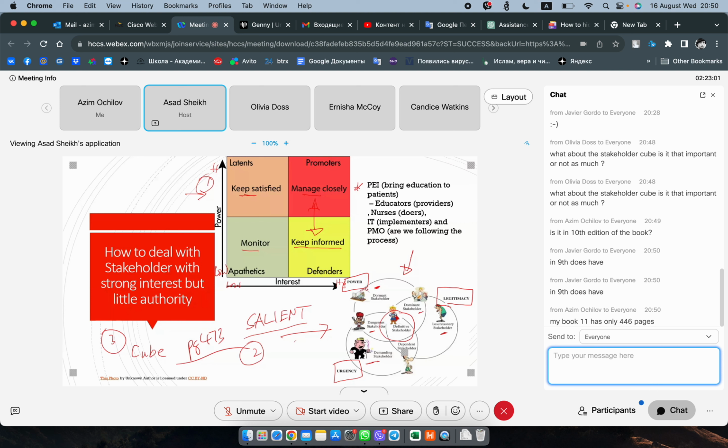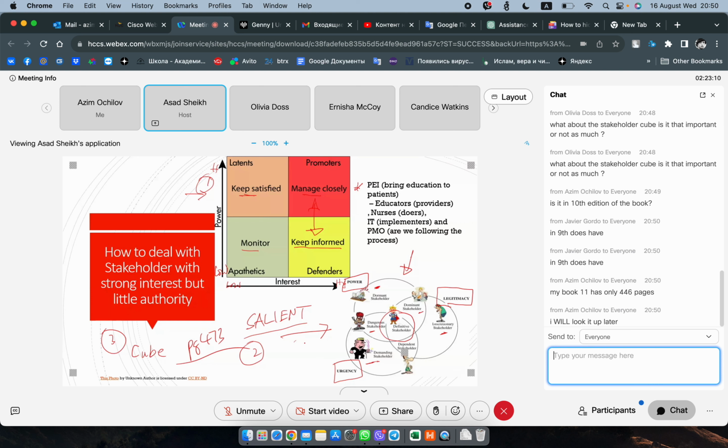But let's go over it. So let me just show you what that looks like. We already looked at both of these. The cube looks like it's just like a cube. It's shaped like this. And you have interest on one side. You have attitude.